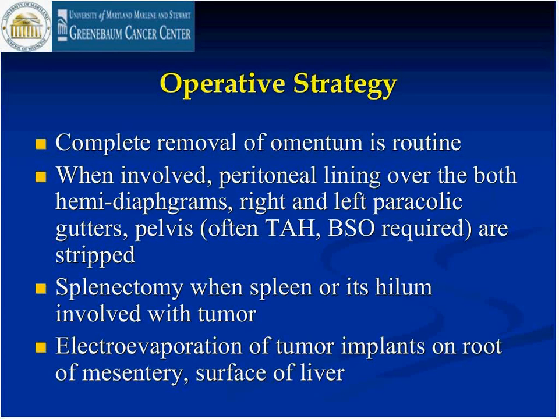We will take the spleen out when it's involved by tumor, or when in the hilum of the spleen there are tumor implants. We frequently would have to take the spleen out. And then for tumors that are in the mesentery of the bowel or on the surface when they are diffuse and extensive, we certainly cannot resect the whole bowel. So we would do what we call thermal ablation or electroevaporation of tumor.